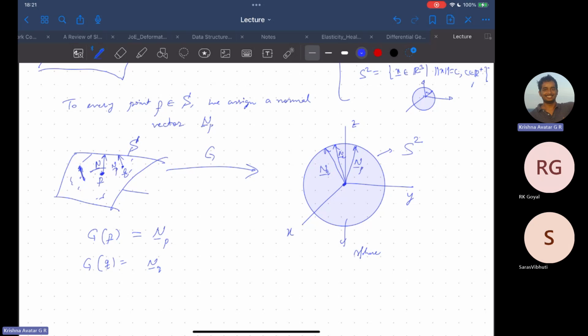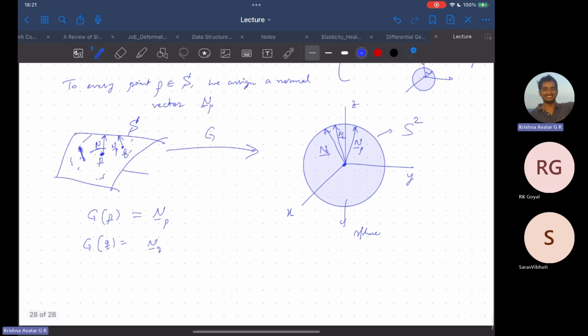It's just a mapping of the normal from any point of the surface to the boundary of a sphere of unit radius. That's it. It does nothing beyond that. That's what is called the Gauss map. Yes, the Gauss map is also called the normal map, because it gives the normal at every point.